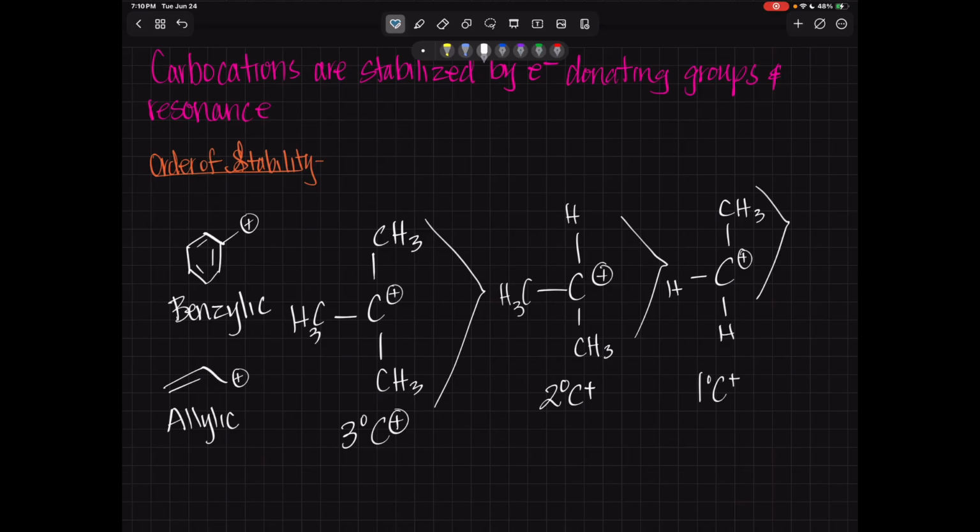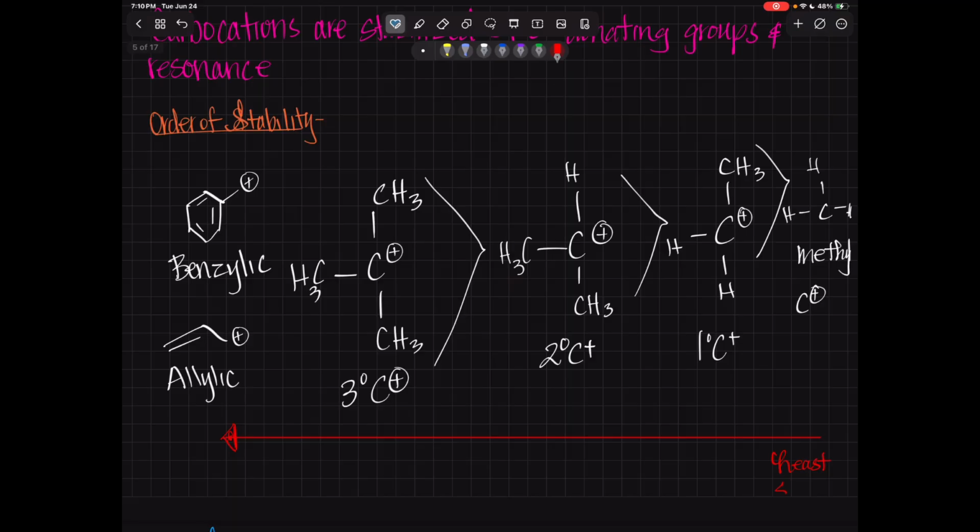Which ultimately is more stable than a methyl carbocation. And this is how stability goes. Where the methyl is least stable. And the benzylic, allylic, and tertiary are the most stable.